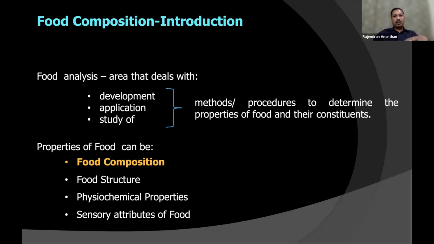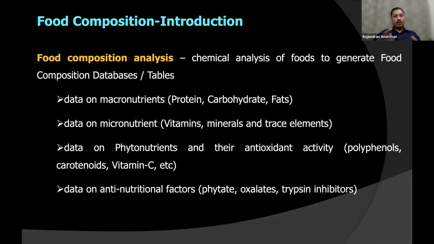But today, my area of work is exclusively food composition, so I will go deeper into it, particularly how we developed it, because it is important to discuss the development part so you understand how we systematically planned.